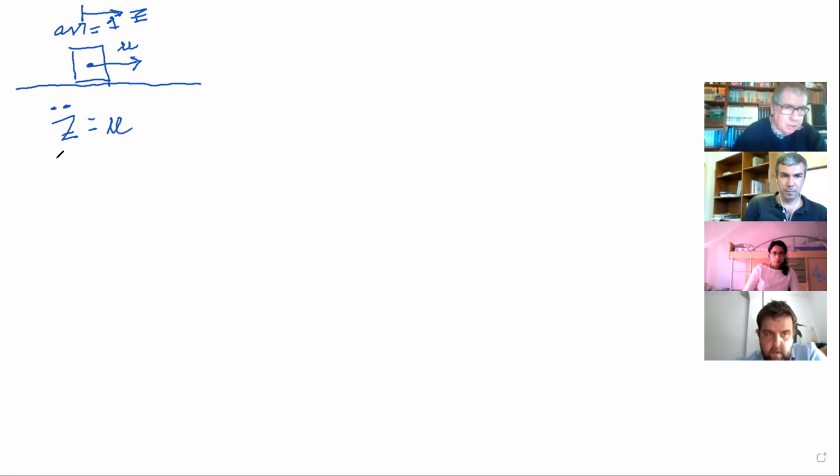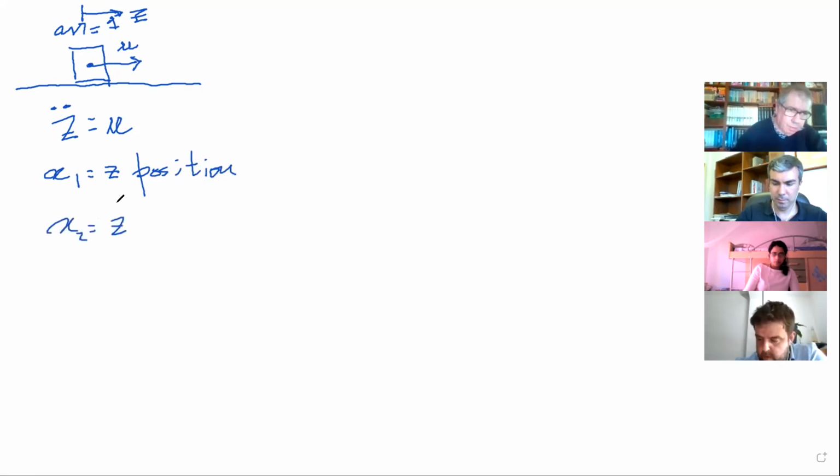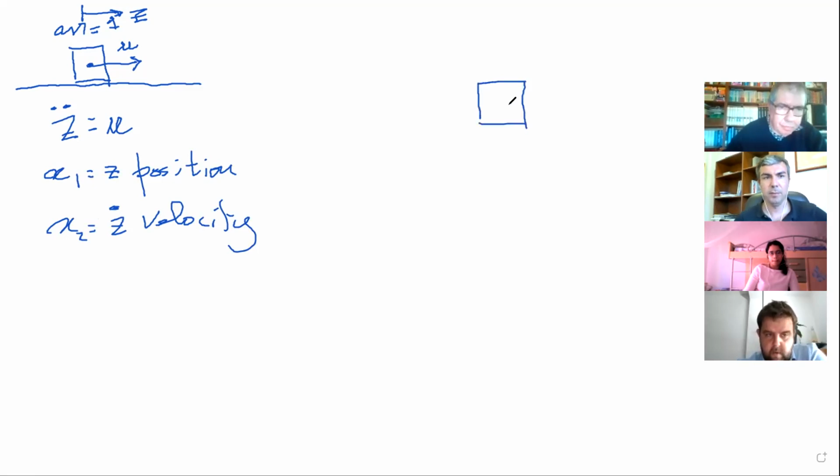And this is equivalent to say what? This is equivalent to say that x1 is equal to Z. That's the position. x2 is equal to Z dot. That's the velocity. So I have a block diagram, which is something like this.